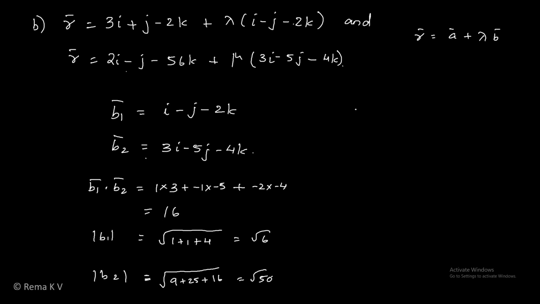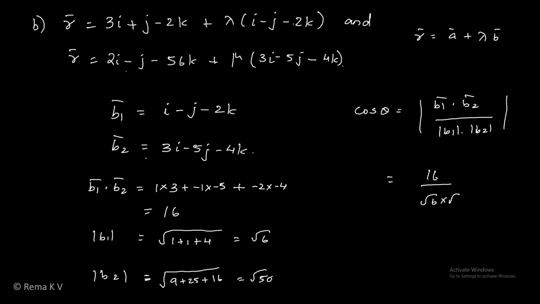Now let us find the angle between them. Cos theta is equal to b1 dot b2 divided by modulus of b1 into modulus of b2. So this is equal to 16 divided by root 6 into root 50.